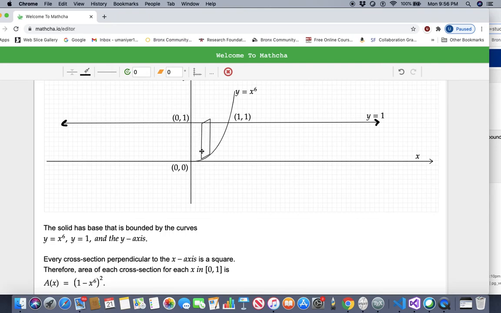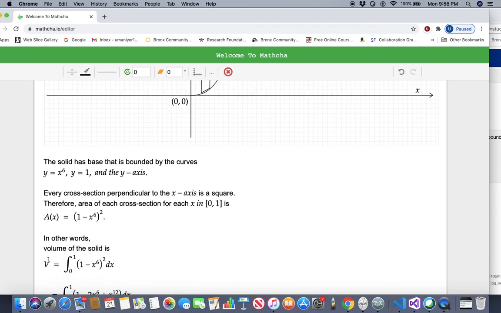Well, all of this distance from the x-axis is 1, and you have to take away a small height there. What is that height given by? That's y equals x to the 6. So 1 minus x to the 6 is the length of each square. So area of each square is length squared.